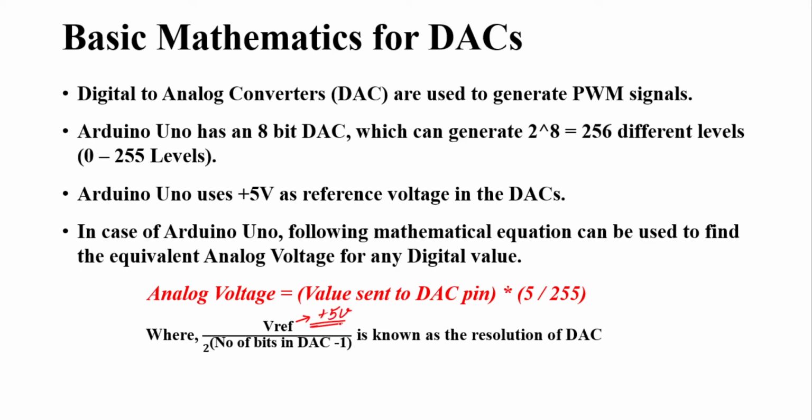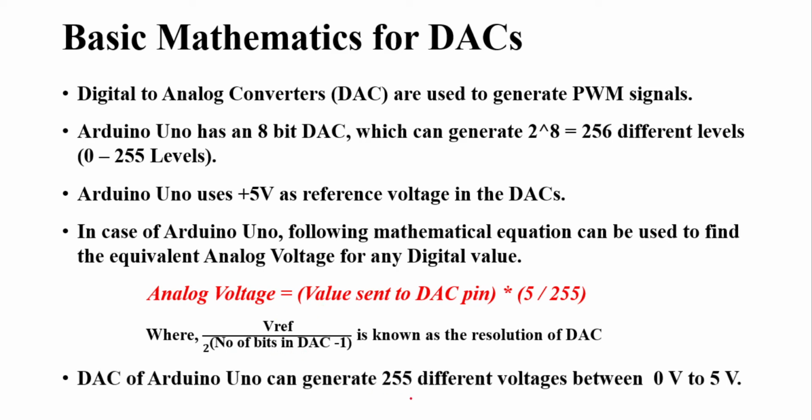Depending on the Vref of any DAC, we can replace 5 volt with that value, and even the number of bits can change, so we can replace the value of number of bits in this equation.